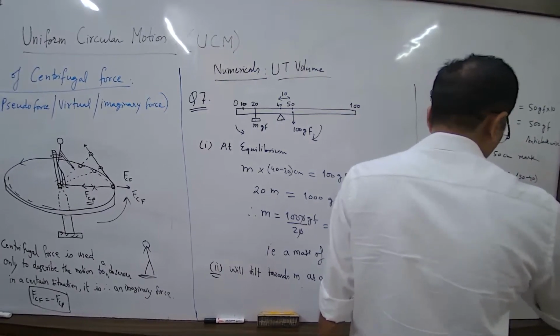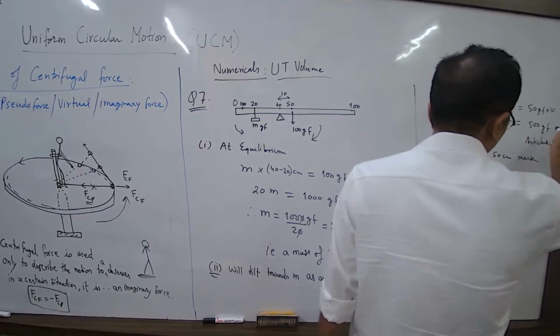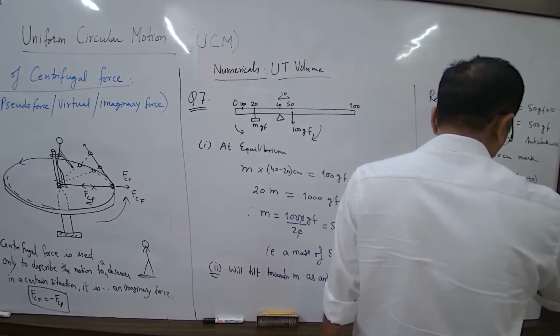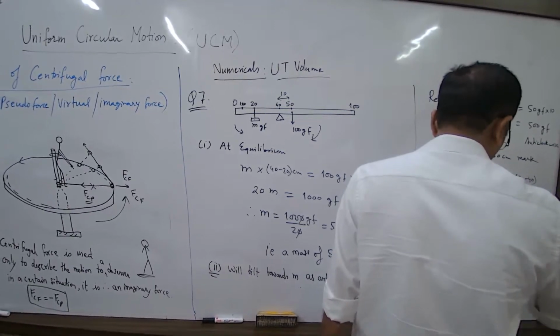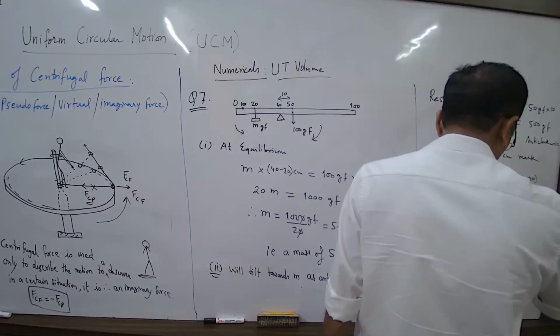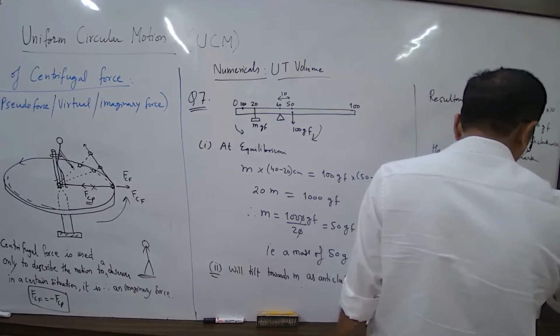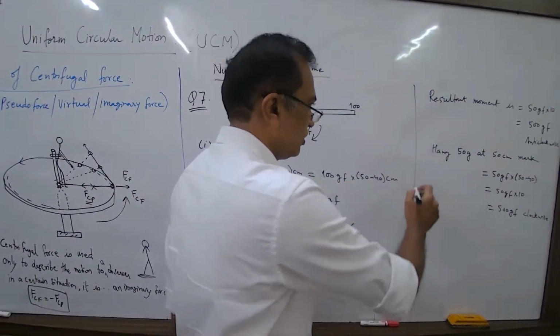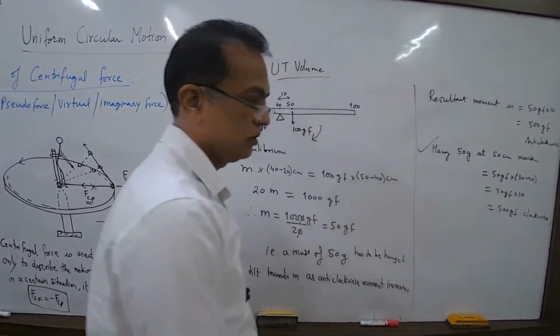So this is the additional. We are only calculating additional because we have to negate only this. So this will be 50 gram force into 10 clockwise. So actually this is the answer, and 50 gram at 50.